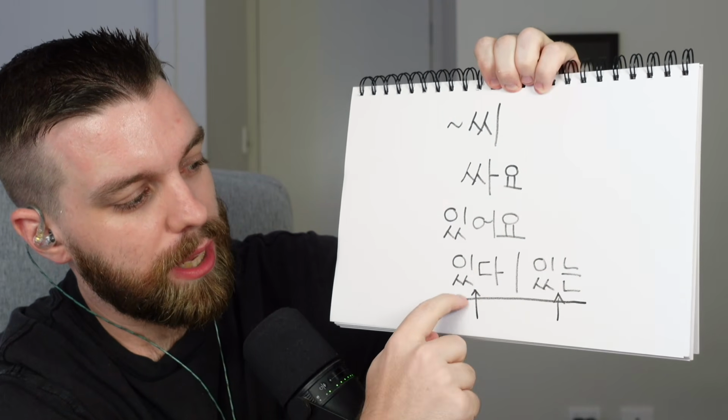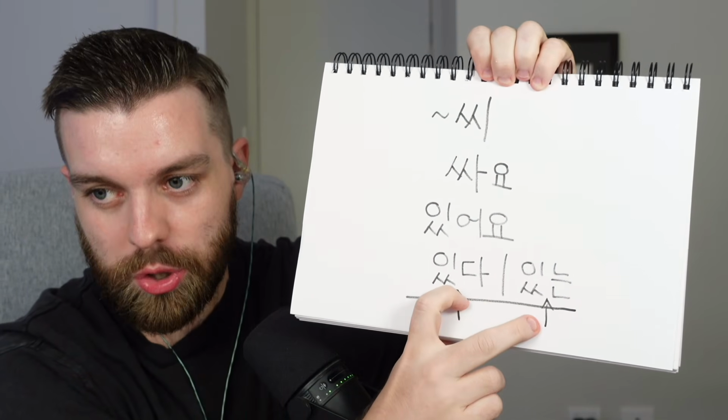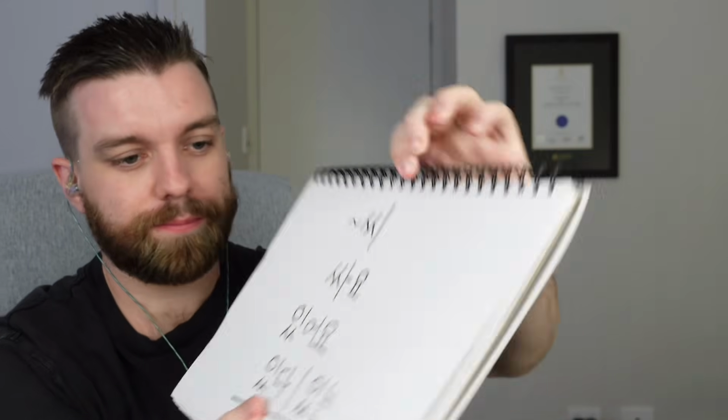So 있어요, 있다, 있는, they essentially are all formed from the same thing. For anyone that's curious, I'll explain. If you just want to clock out for the moment, that's okay, don't worry. This is not something that you absolutely need to know. It's just to clarify because people could probably come back to this later and be like, oh, okay, I get that now.